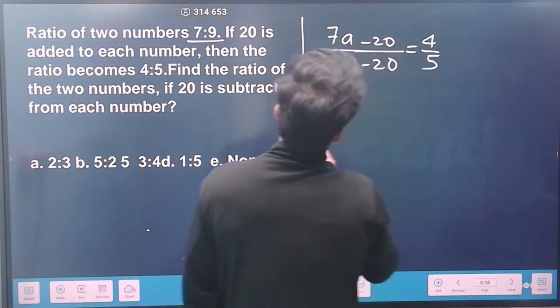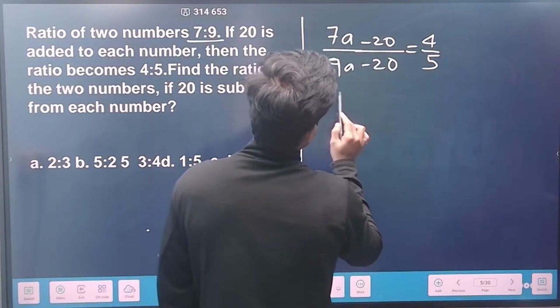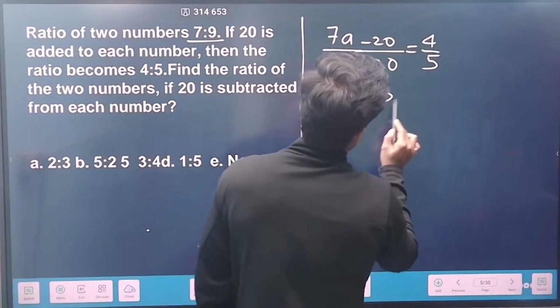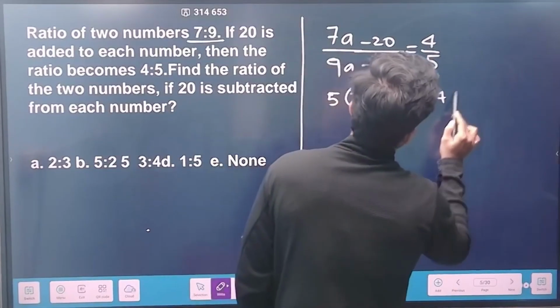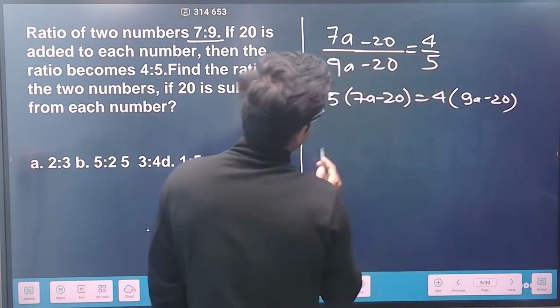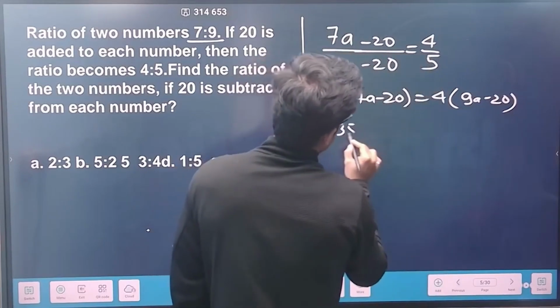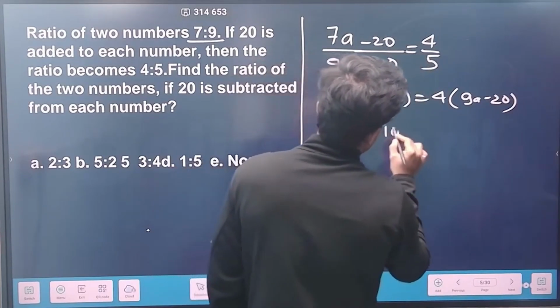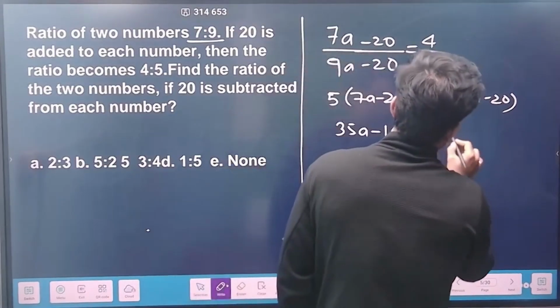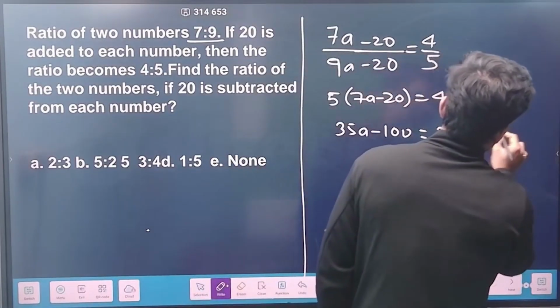So basically this becomes 5 into (7a minus 20), and this becomes 4 into (9a minus 20), correct? Now you can write 7 fives are 35, 35a minus 100 is equal to 9 fours are 36, 36a minus 80, isn't it?